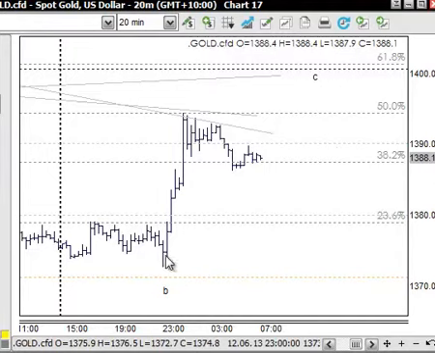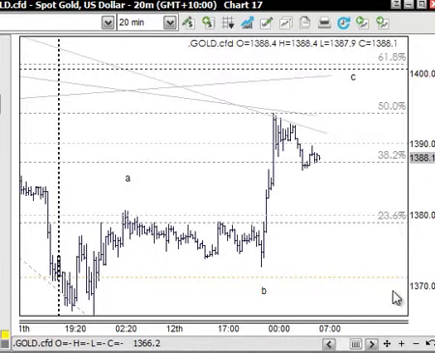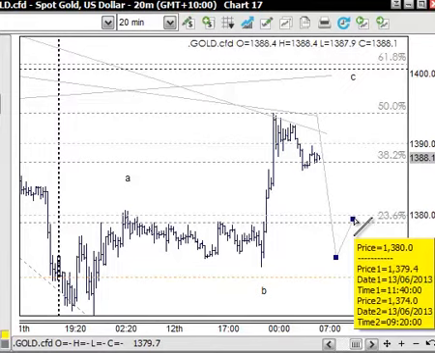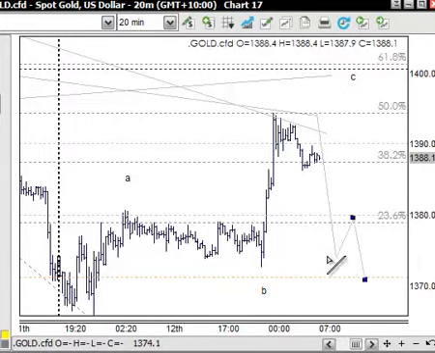I need to pull this apart, but I can see 1, 2, 3, 4, 5, possibly one more wave up there. If, however, this market moves down from here in 5 waves and eventually in its own little wave finds the 1380 as resistance, then we know that we're going to be going further down.